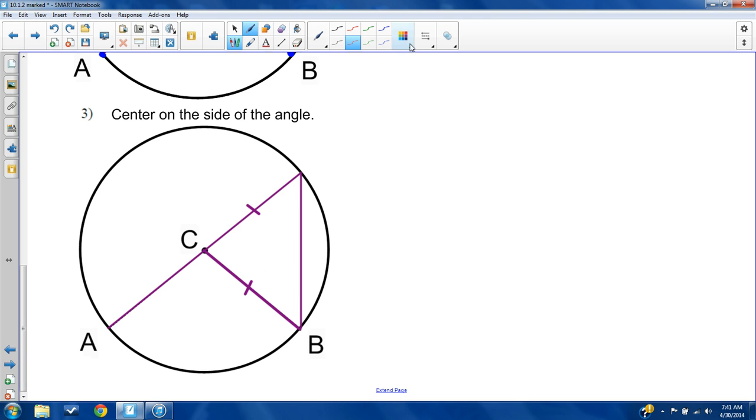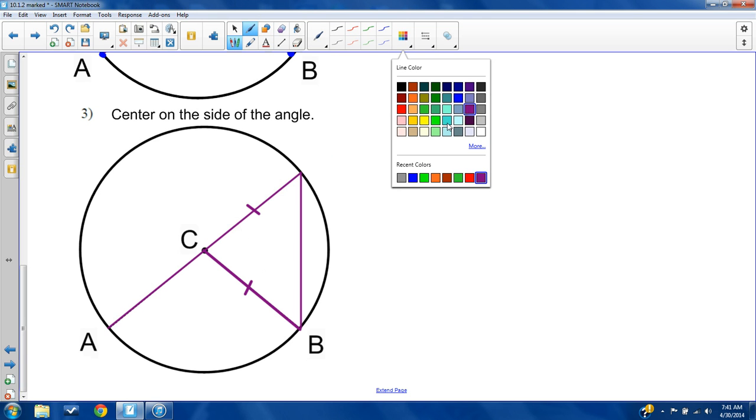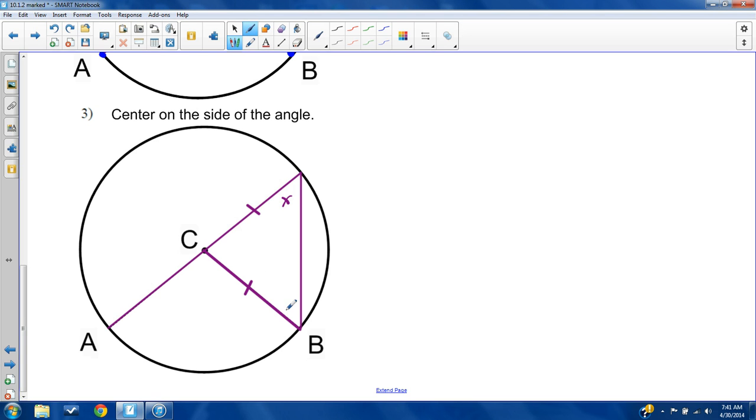So let's go ahead and call those x and x. If those are both x, then the remote exterior angle right here is the sum of these two interior angles. That's not that angle. So x plus x is 2x. Okay, so here's my remote exterior angle for this triangle, or for this portion.